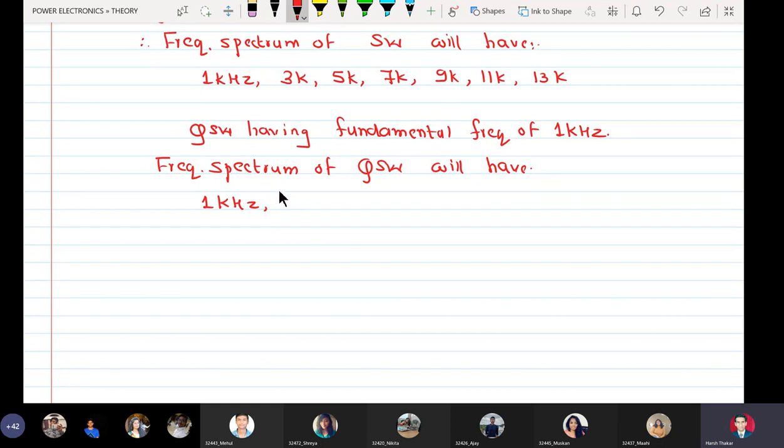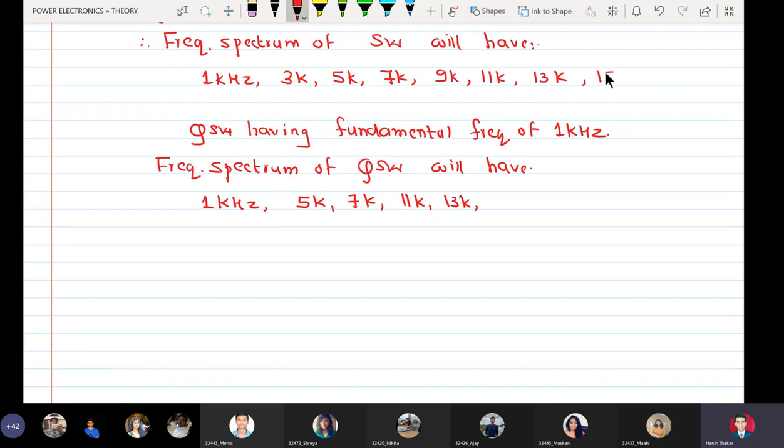Now you know that Cauchy square wave contains odd harmonics, but all odd harmonics which are not multiples of 3. So it will not have 3K, it will have 5K, it will have 7K, it will not have 9K, it will have 11K, it will have 13K.